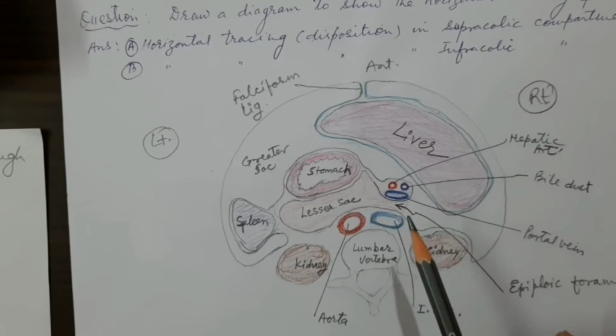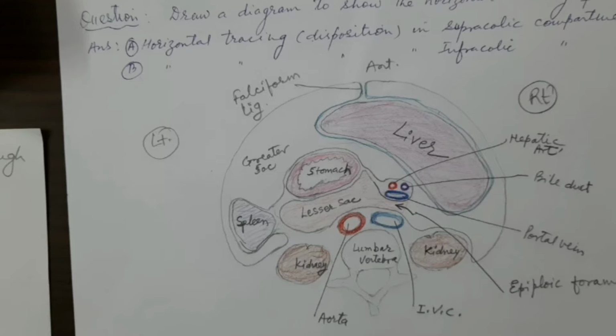Another thing which I want to say, that whenever you are seeing a cross section, it is always seen as if you are standing towards the feet of the cadaver or the feet of a patient.